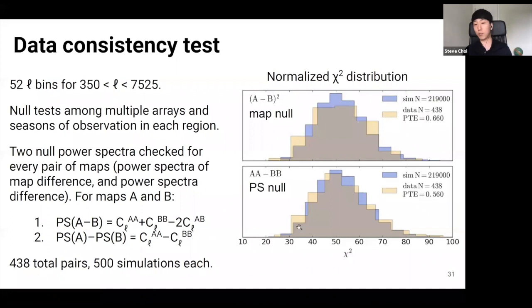For these null power spectra, we show the chi-square distribution for data in yellow and simulations in blue, both normalized to have unity area. You can see that there's good overlap, good consistency, meaning our data is described by our simulations. On top of these, we have a lot more internal data consistency null tests that we have run, summarized in the paper.